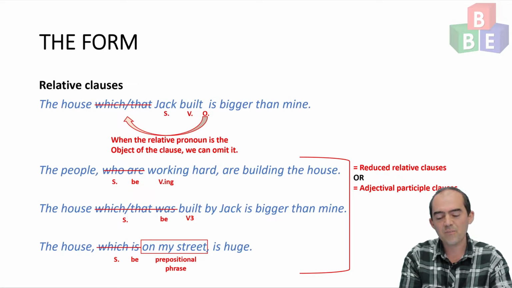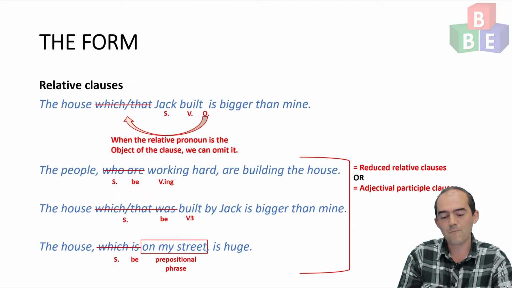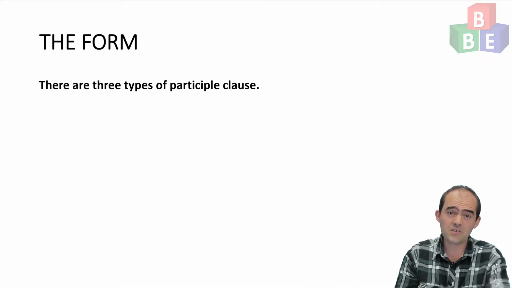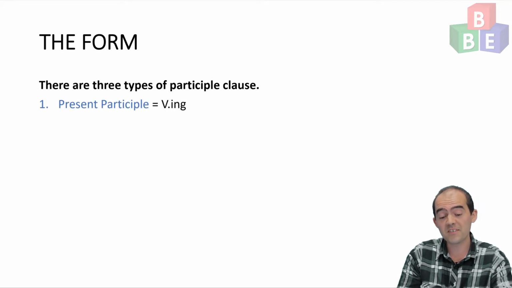So, let's talk about participle clauses and what they are. To start off with, there are three types of participle clause. Firstly, we have the present participle, which is our verb ing, which we use in continuous tenses.